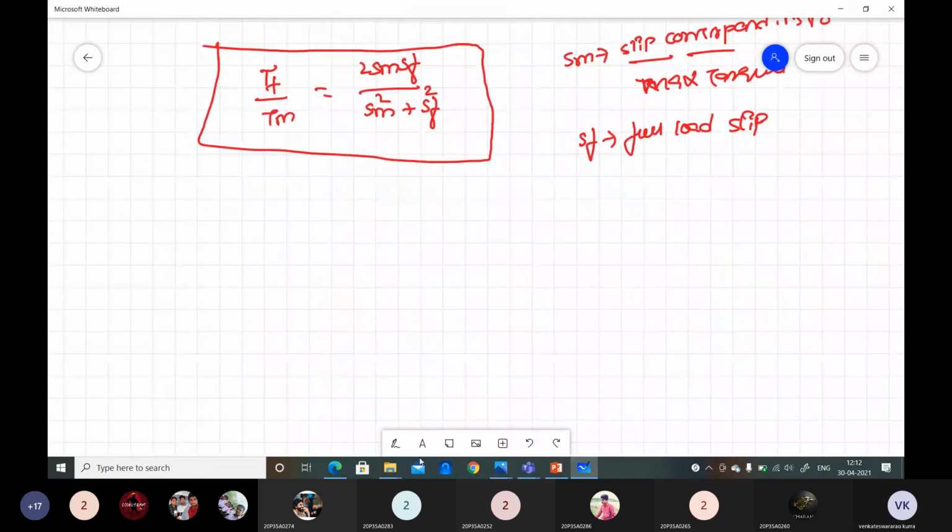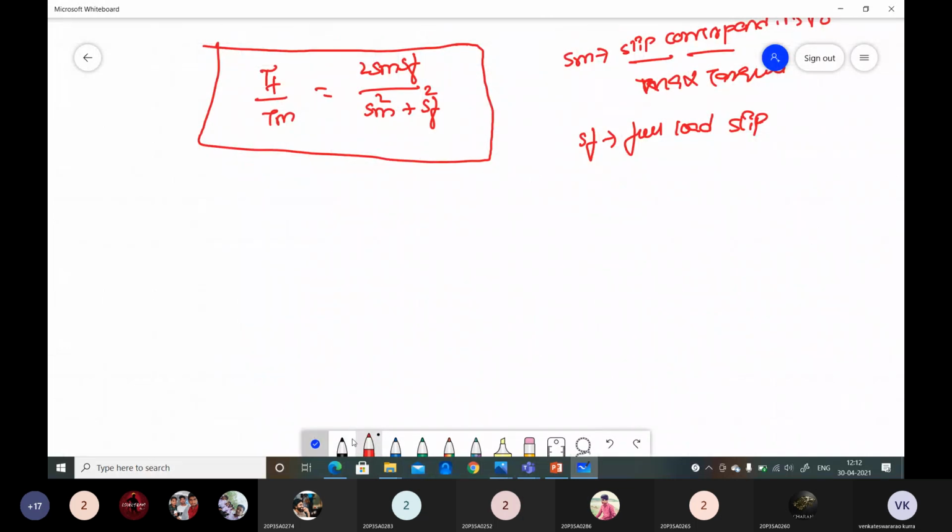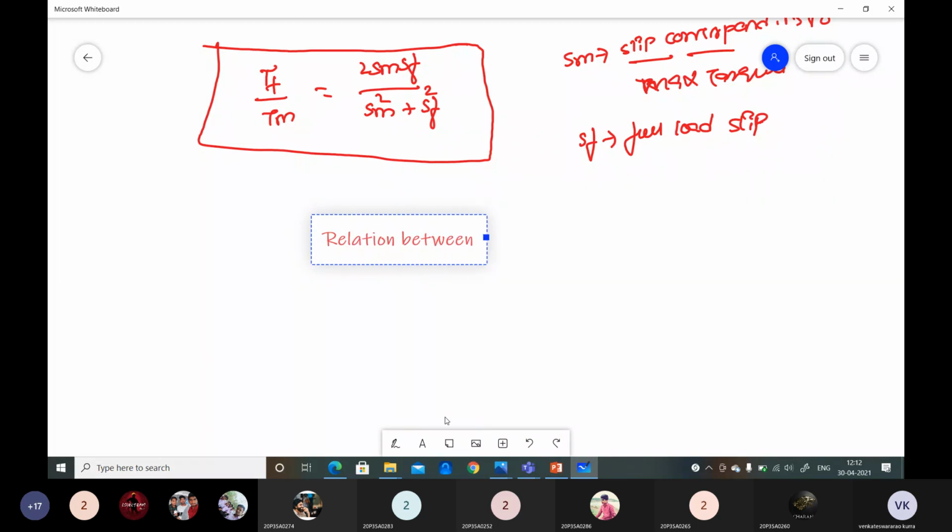So next relation: the relation between starting torque and maximum torque.